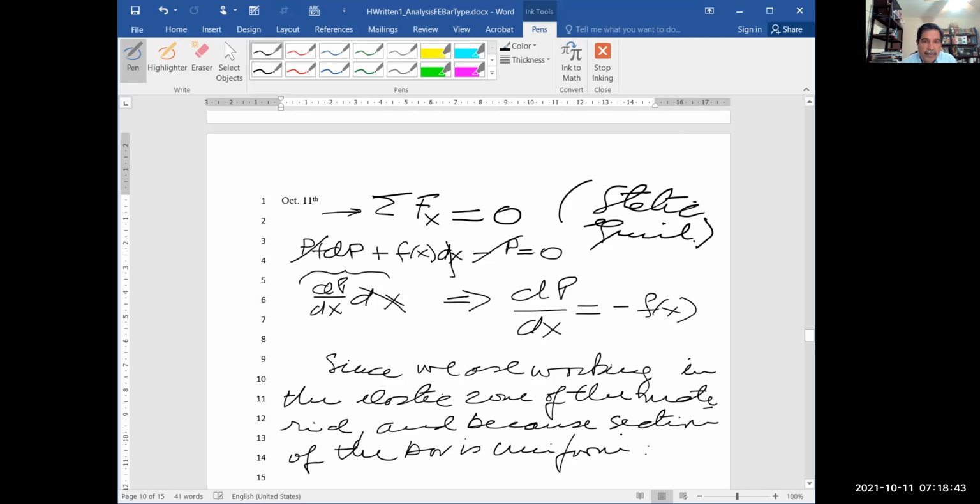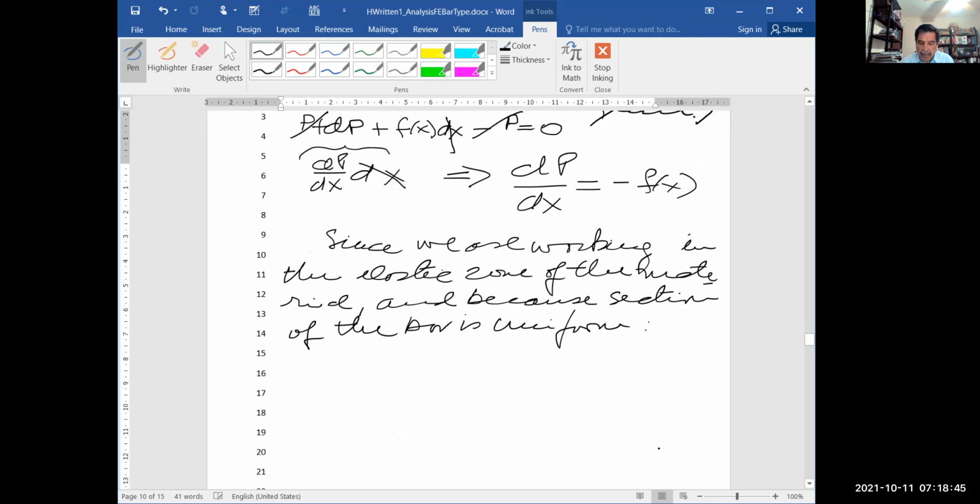In this case, we can say that the force P is simply equal to sigma x times area. If we had a change in area, probably this sigma x is not going to be uniform.